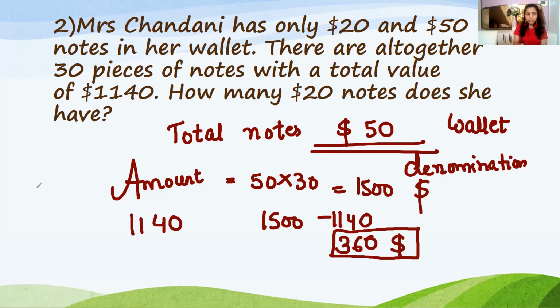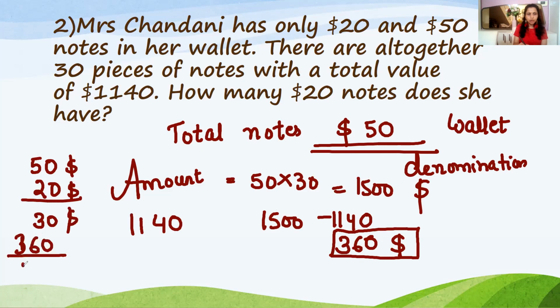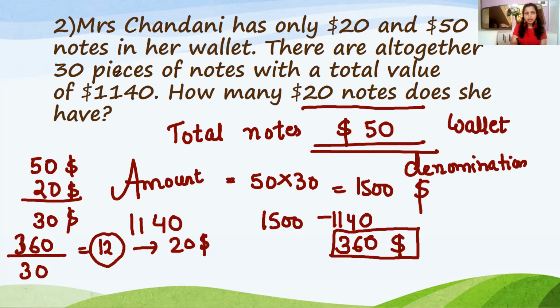And the difference between the two denominations is how much? 50 and 20 gives 30. So we divide by this. 360 divided by 30 gives you 12. That means they have 12 notes of 20 denomination, and 30 minus 12, that is 18 notes of 50 denomination.